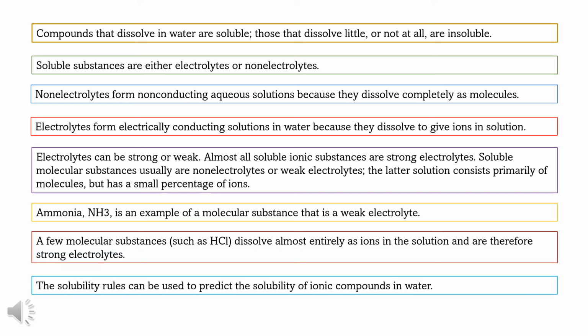Also, the solubility rules can be used to predict the solubility of ionic compounds in water. So those are the things that you should remember about the ionic theory of solution and the solubility rules.